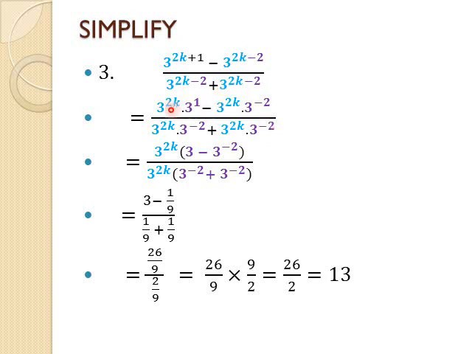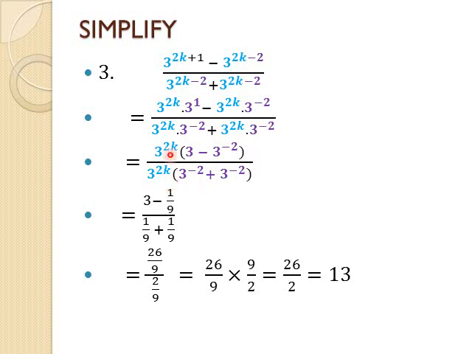So in blue, you should see the common factor on either side of the minus sign and plus sign. So if I take that out, I'm dividing by it. So I'm left with 3 to the power 1, which is simply 3, minus 3 to the negative 2. The bottom, if I take out 3 to the power 2k, I'm left with 3 to the negative 2 plus 3 to the negative 2.